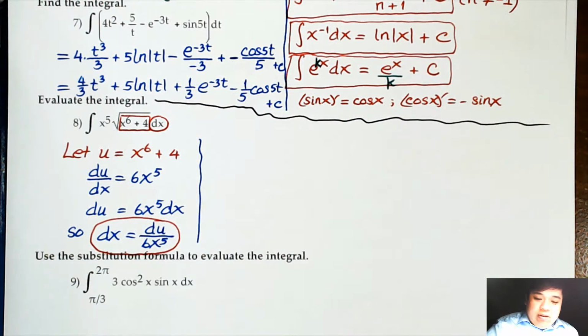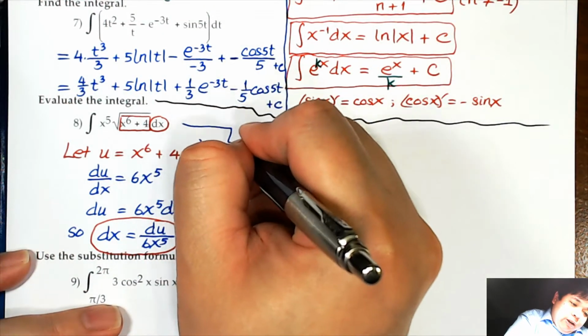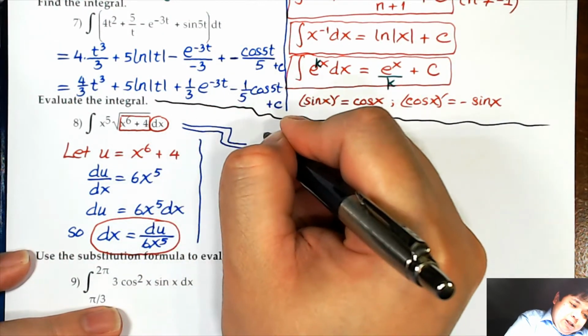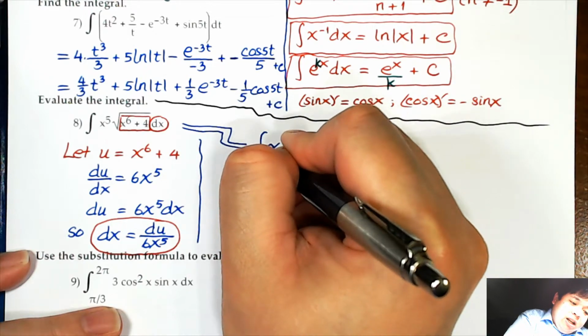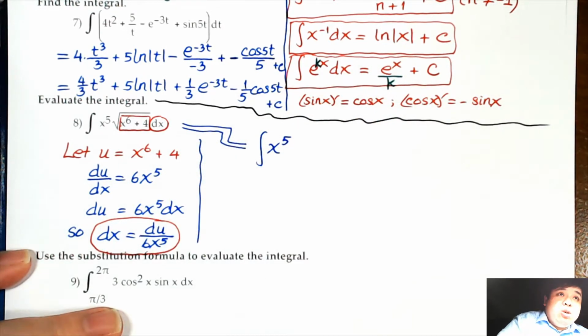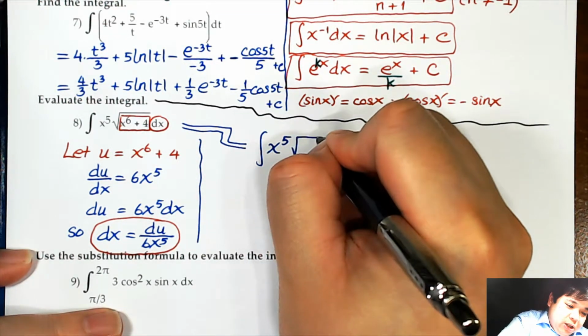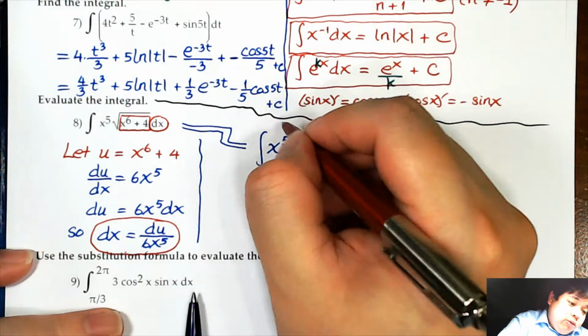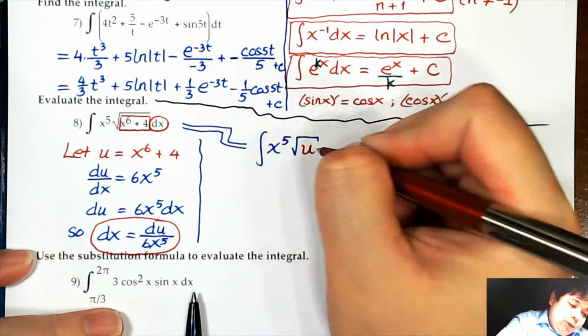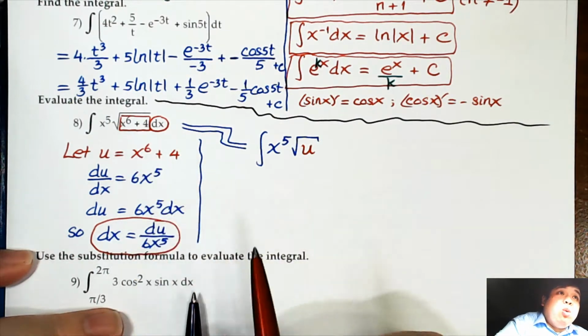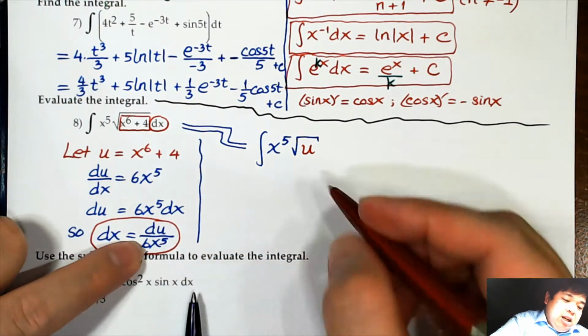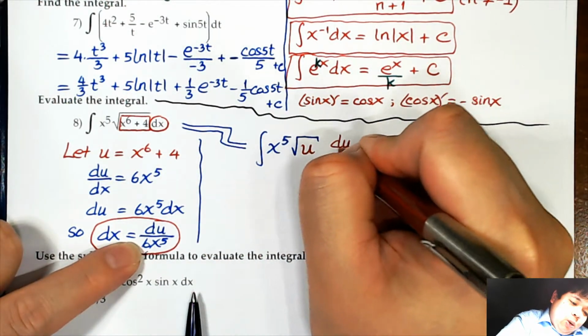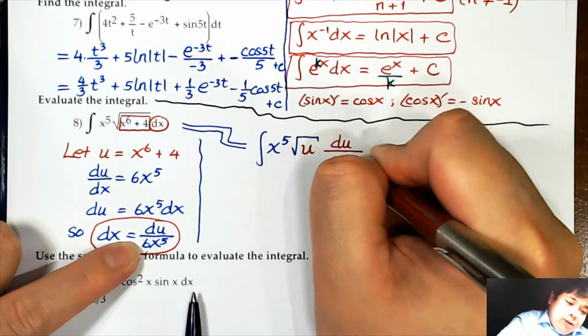And then substitute everything into the problem. We haven't done anything with x to the 5th, we stay there. Square root, instead of x to the 6 plus 4, that is u, because that's what we let equal to u. dx is du over 6x to the 5th.